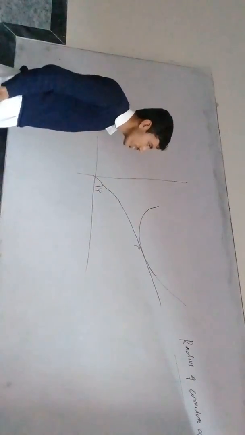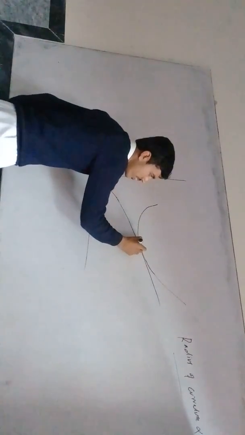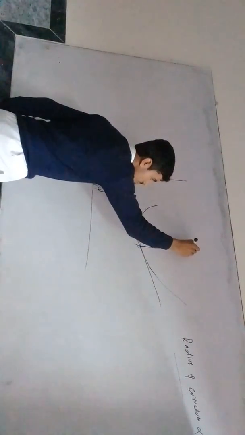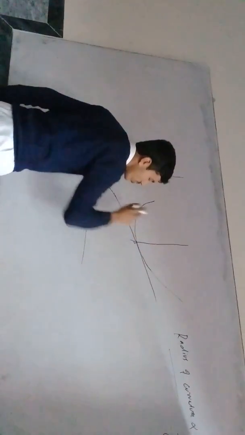It's up to your choice. On the tangent line, draw normal. Now, what is a normal line? A normal vector or a normal line is that line which is perpendicular to your tangent line. This line is perpendicular to this. You can say that this is a tangent line.